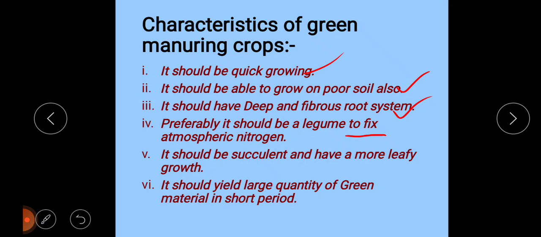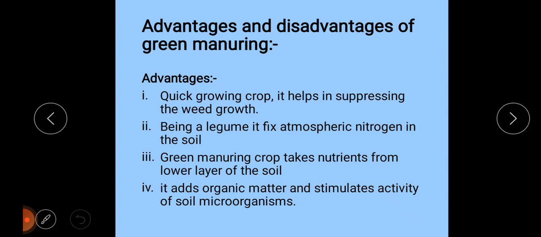Then it should be succulent with more leafy growth, so it decomposes easily within a short period. Then it should yield a large quantity of green material in a short period. Such good characteristics make the crop better for our utilization.